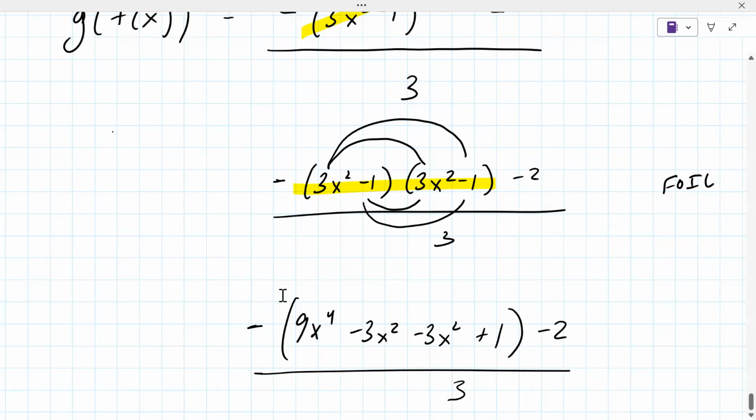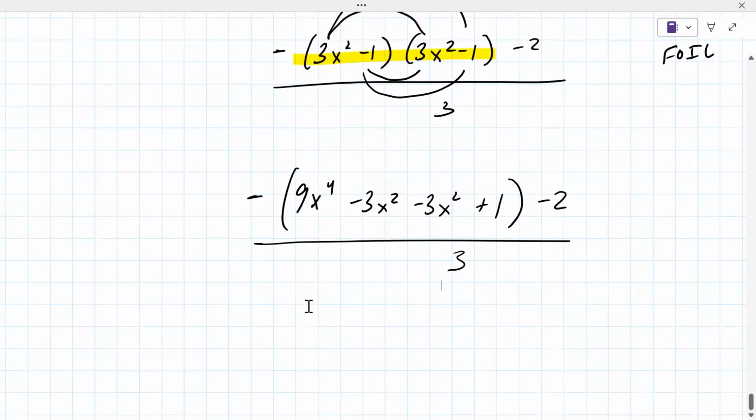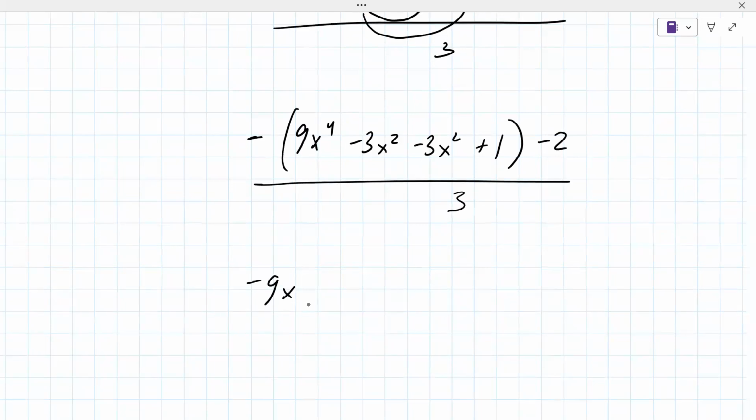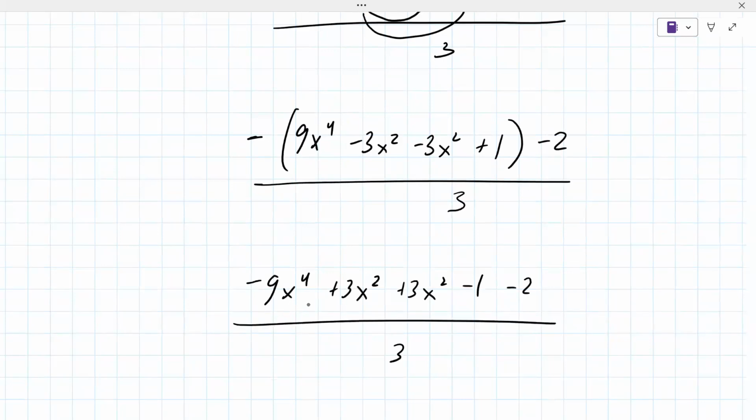Okay, next thing is to distribute the negative in. So it becomes minus 9x to the fourth plus 3x squared plus 3x squared minus 1 minus 2 all over 3. And then you combine like terms. You know what I mean by that here?